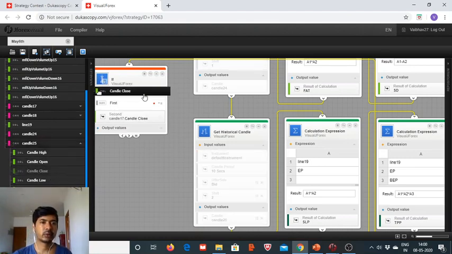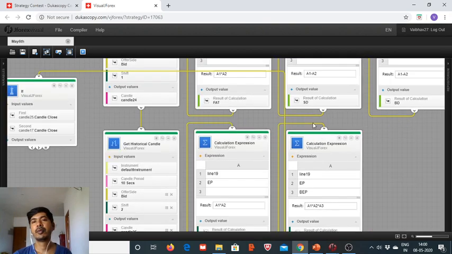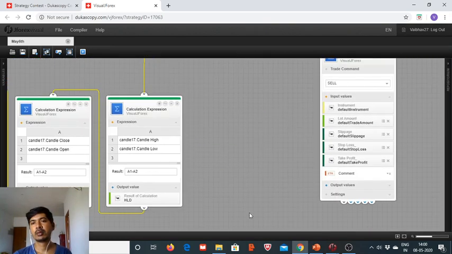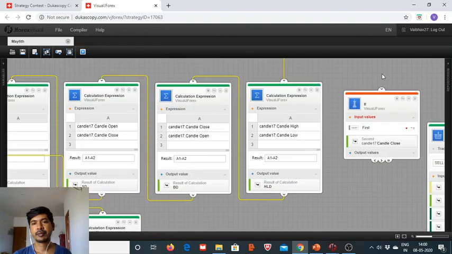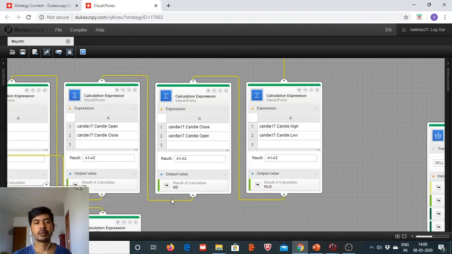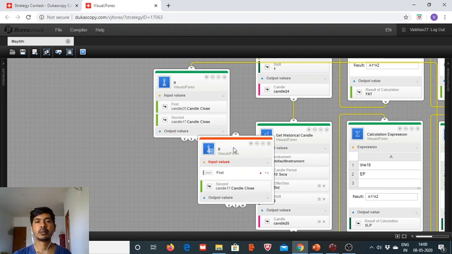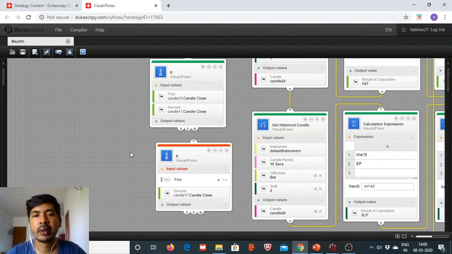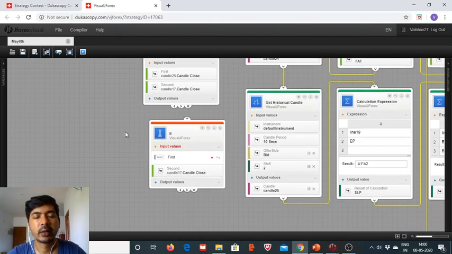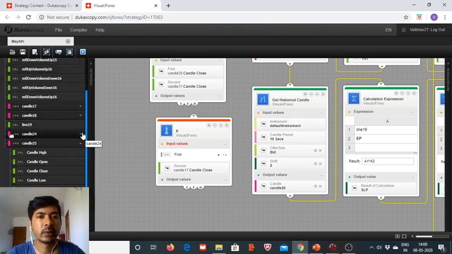Candle 25 is close to be above candle 25 closing level to be compared with candle 17 closing level, and it was less in the first instance.